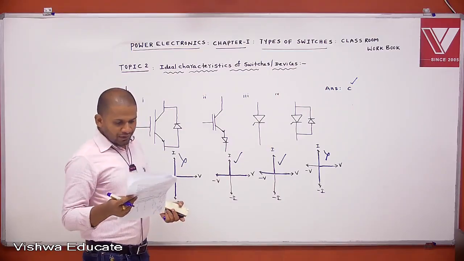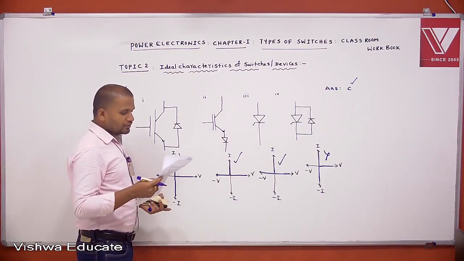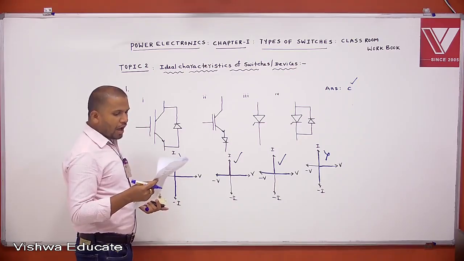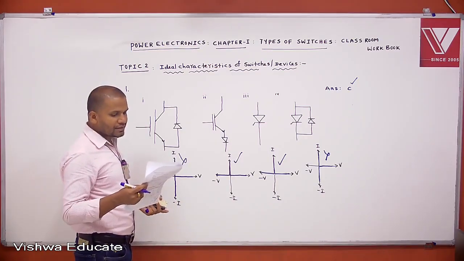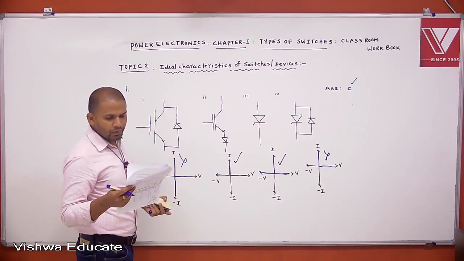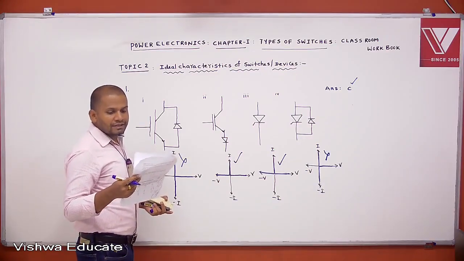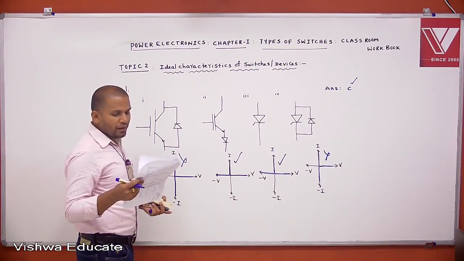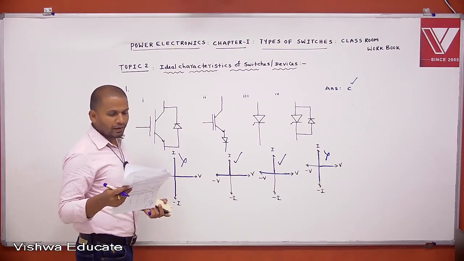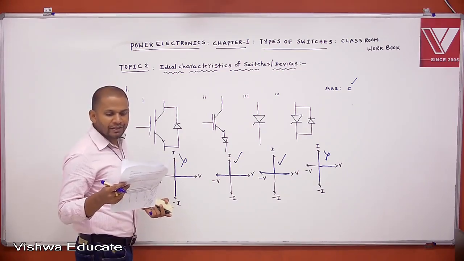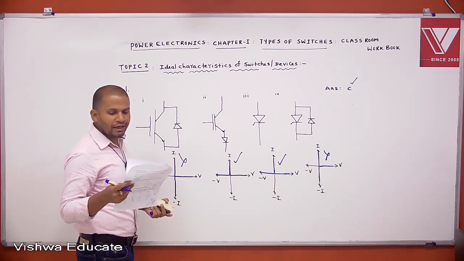See the second one. Match switch arrangements on the top row to steady state VI characteristics on the lower row.